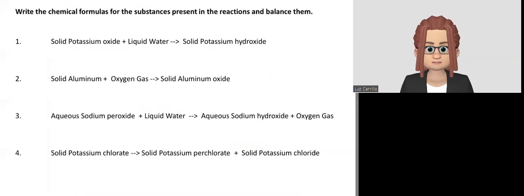So here we have some chemical reactions that have been given in words, and we need to balance them. Let's go over the first one. It says solid potassium oxide.